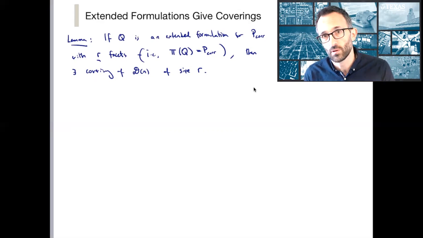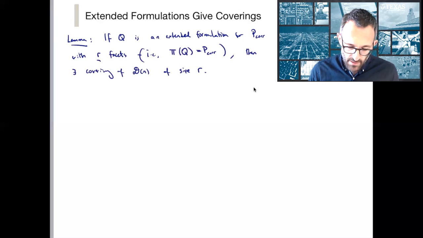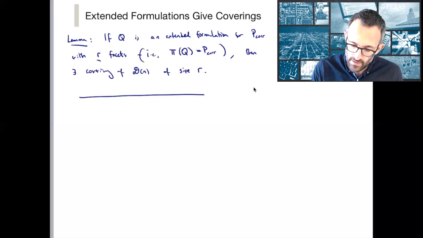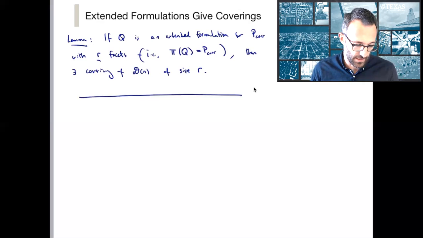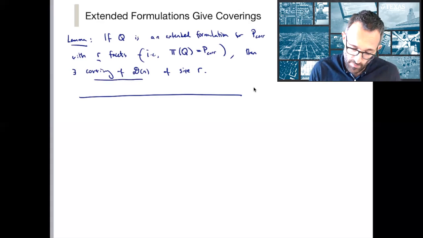Therefore, if we can show that the smallest covering is very large, that means that the size of the best extended formulation, in other words, the extension complexity, is also going to be at least that big. So this lemma is important, and this gives us exactly the link that we need. We're going to prove this in this lecture, and then in the next lecture we're going to prove a lower bound on how big a covering could be.